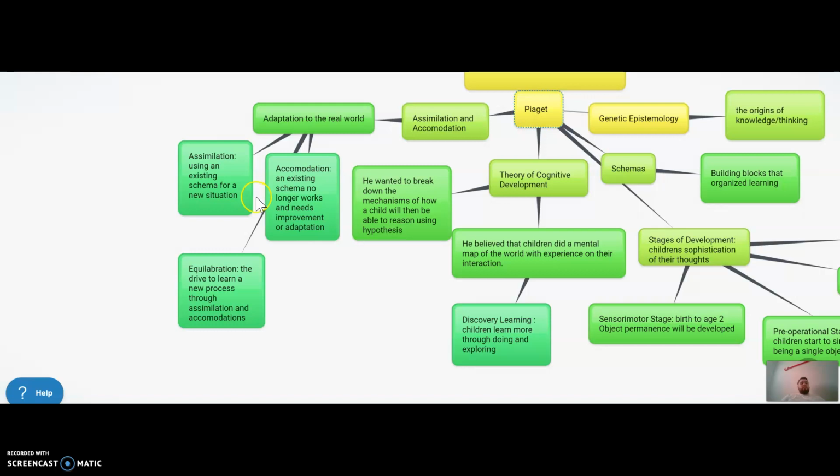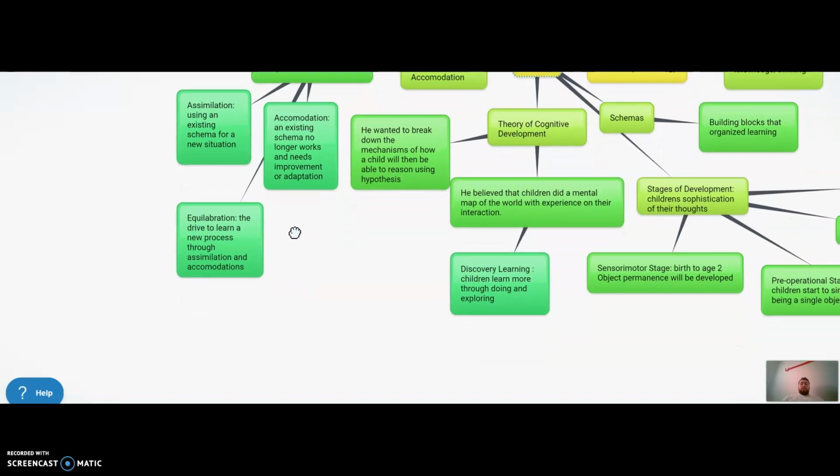So they will have to adapt to a new problem they face, so they have to assimilate to that problem. And then accommodation will be when an existing schema no longer works and needs improvement or adaptation. So if they had a schema about something and it will no longer help them out in the problem, they will have to improve it or adapt to that.